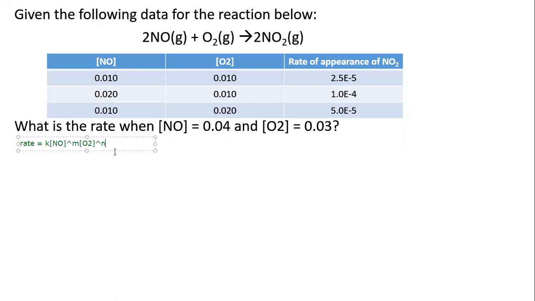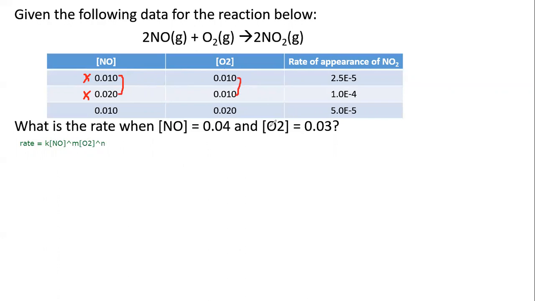Once we get the orders of reaction, we're going to determine the rate constant. Once we get the rate constant, then we can plug in these concentrations and solve for the rate at these given concentrations. So we need to pick 2 experiments where NO changes and O2 is constant. So if you look here, experiment 1, experiment 2, NO changes, O2 is constant.